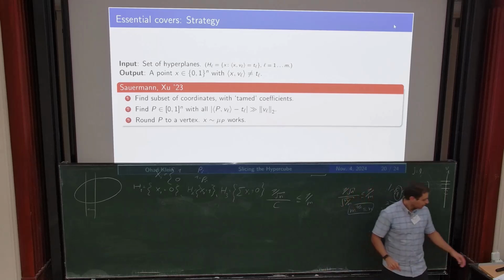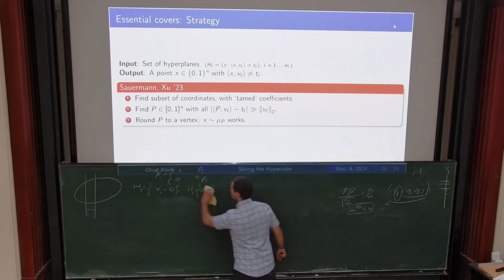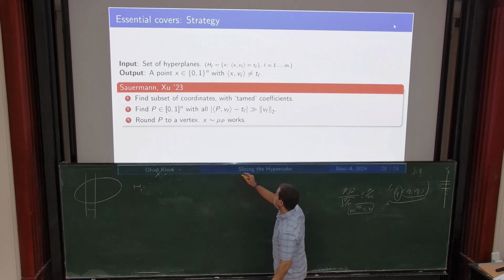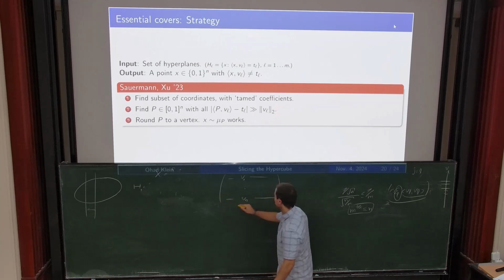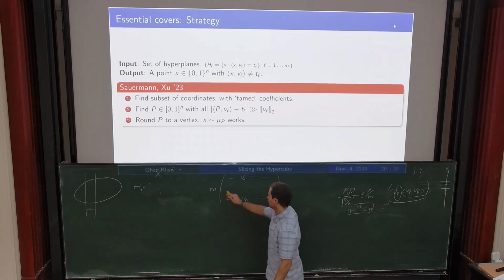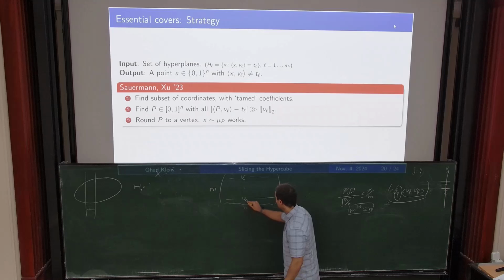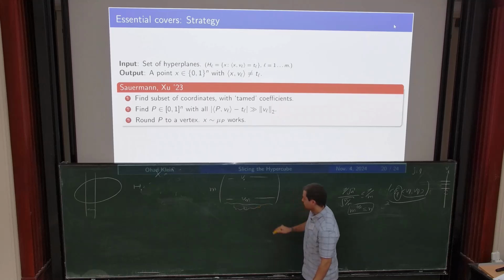In the first step, they find a set of good coordinates. They arrange all normal vectors V in a matrix, n normal vectors and n coordinates, and they find a set of good coordinates.